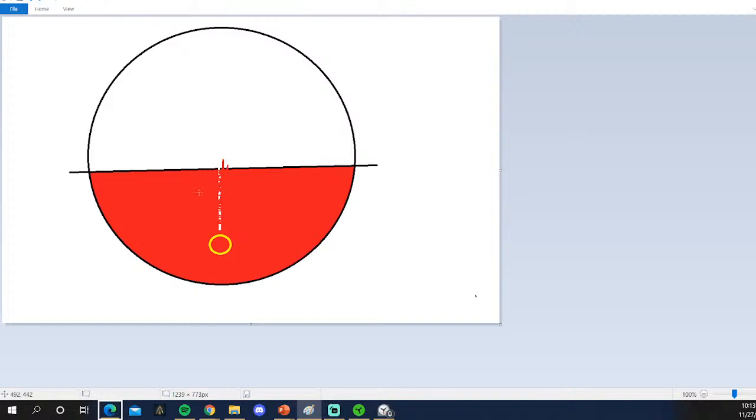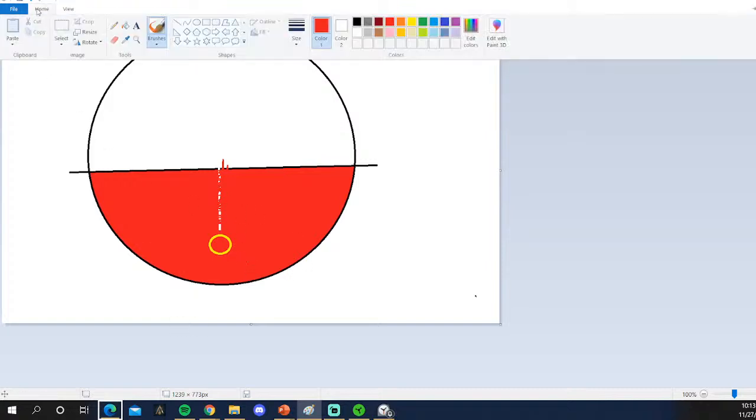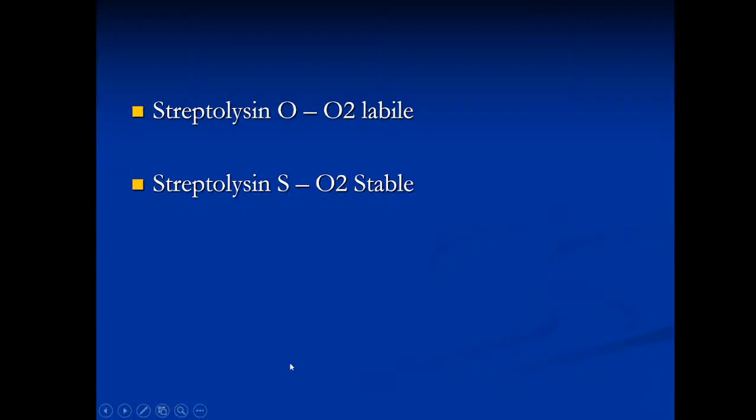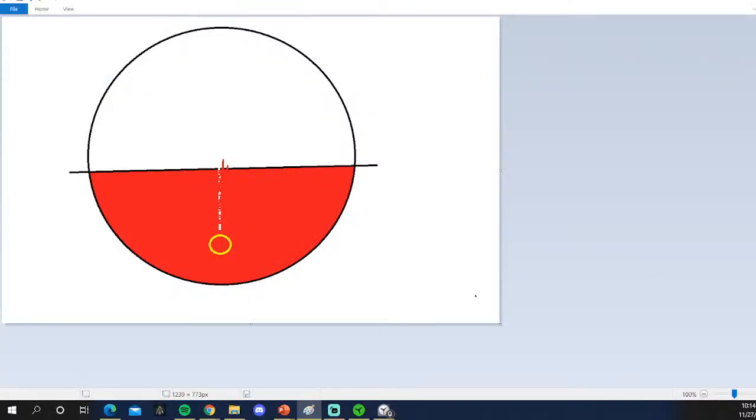So what would happen is that as the organism grows, if the organism has SLO, what are the clues again? The clues are as follows. SLO is oxygen labile. If the organism is producing SLO, let's go back to paint.